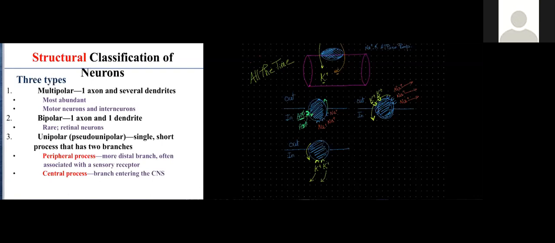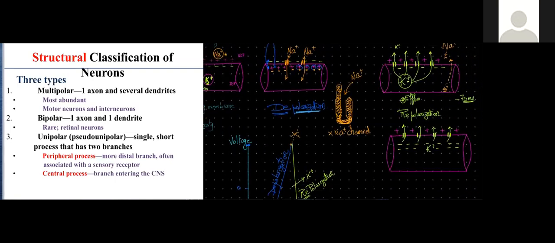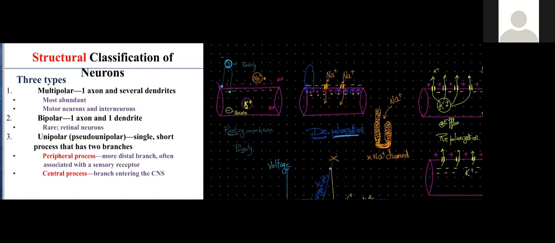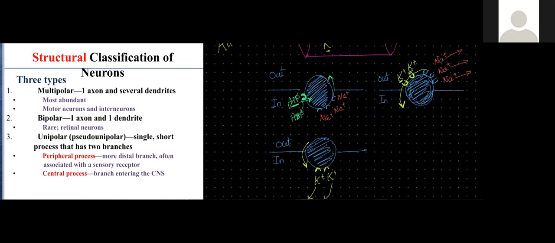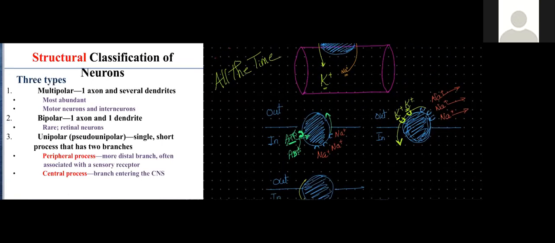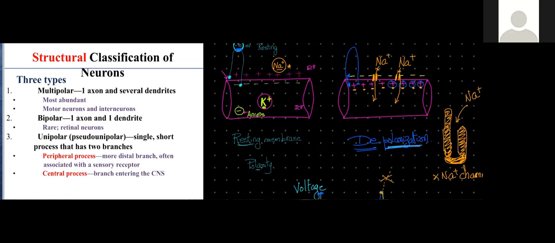In the background of the action potential, you're going to be activating the sodium potassium ATPase pump. And this is actually what will be creating this difference in the concentration.